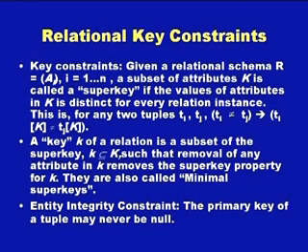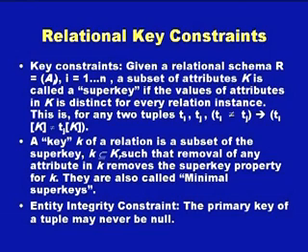And there is also the well-known entity integrity constraint in the relational model, which says that the primary key of a given tuple may never be null. The primary key is the minimal super key that is going to be used to uniquely identify a given tuple in the relation.